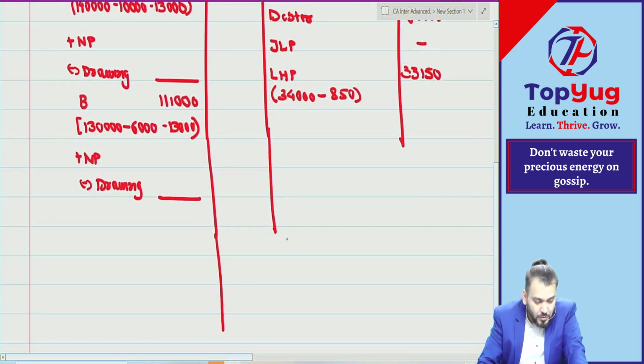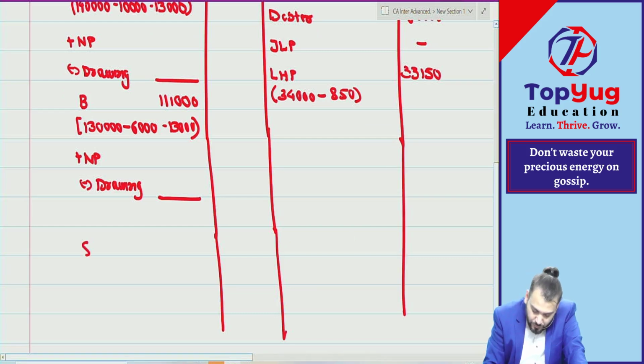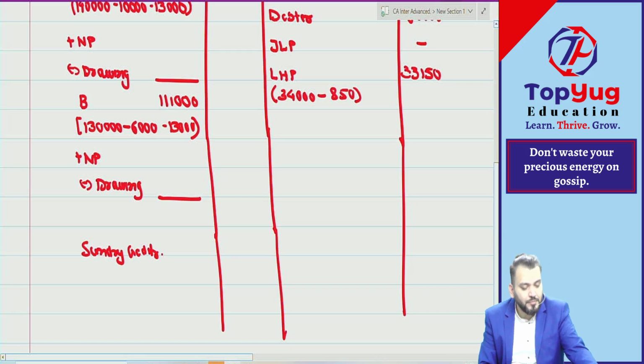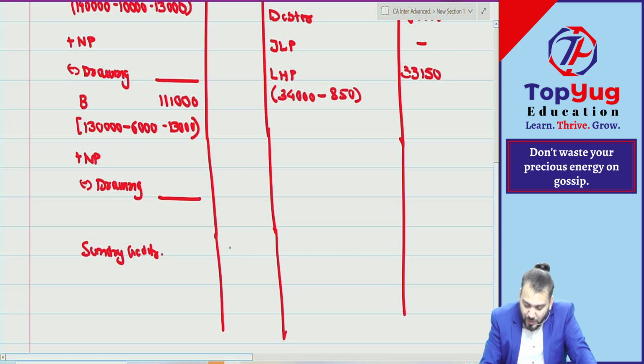Then sundry creditors: what have they given? Sundry creditors were reduced by 10,000, so reduced by 10,000 means 50,000.